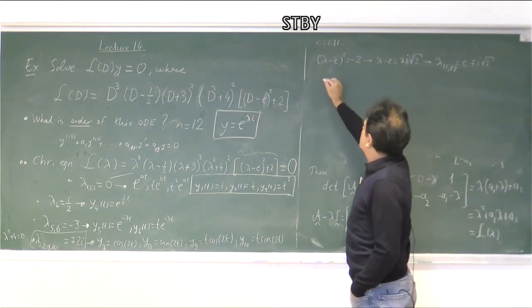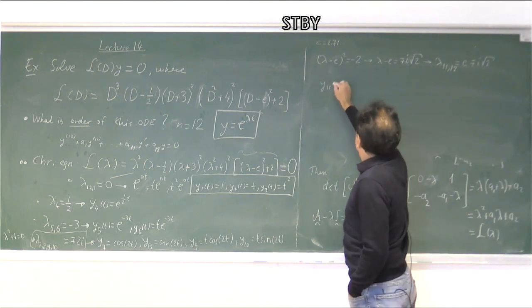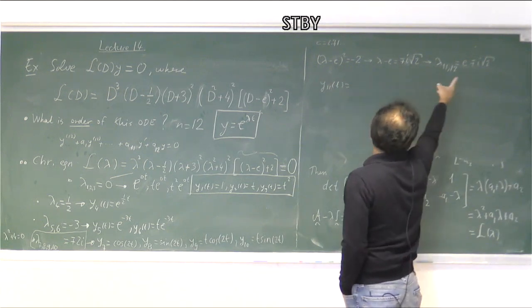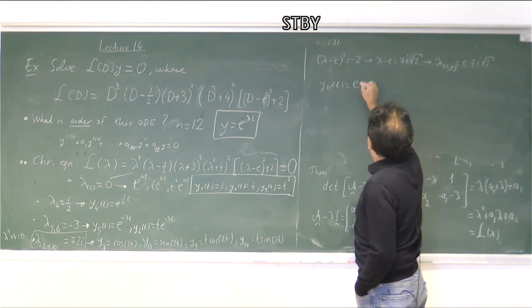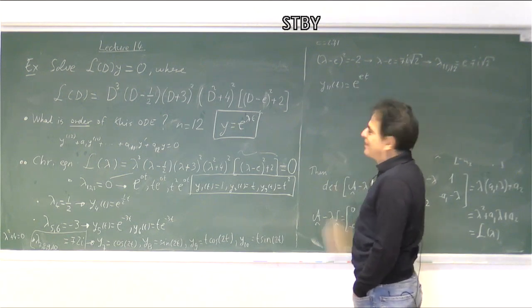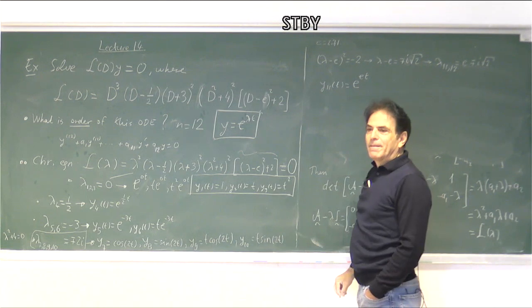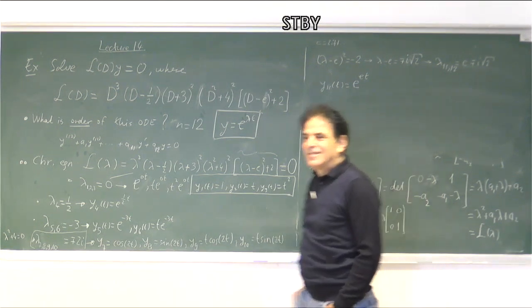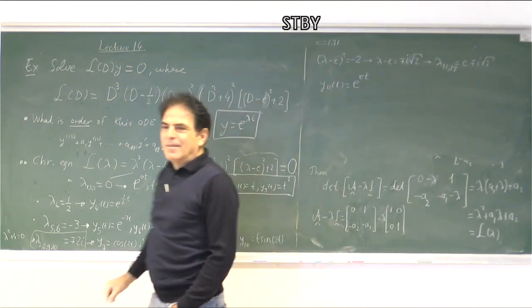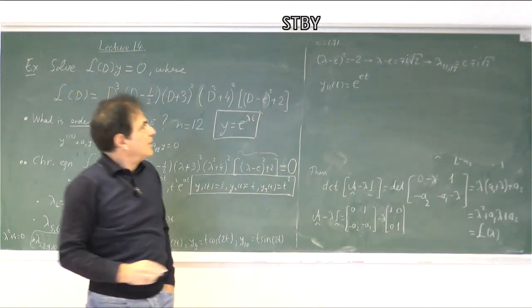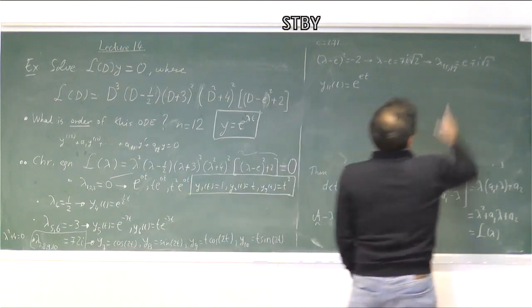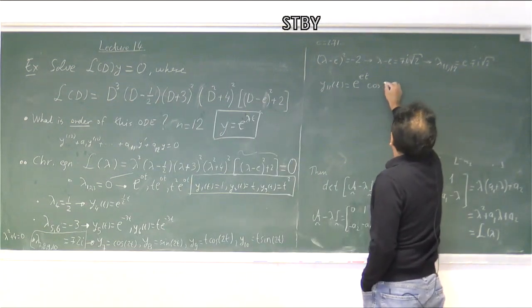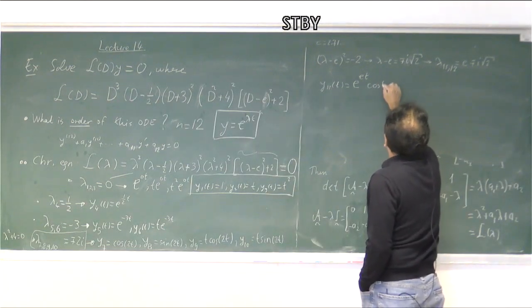So the corresponding solutions are y11(t), real part is e, so e to power et, okay, e is a number, times cos square root of 2t.